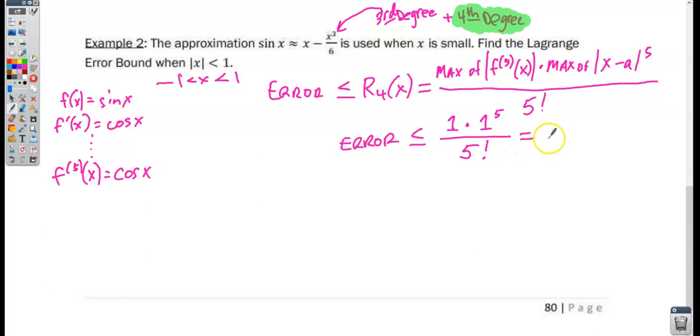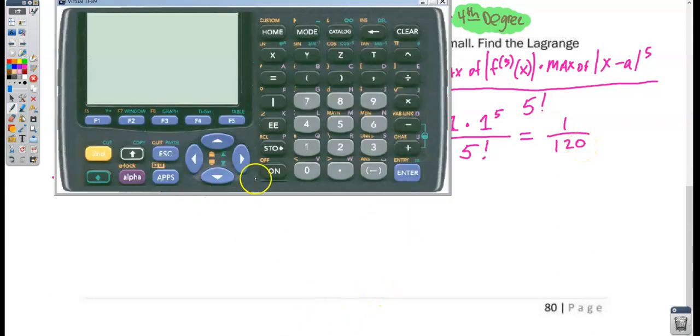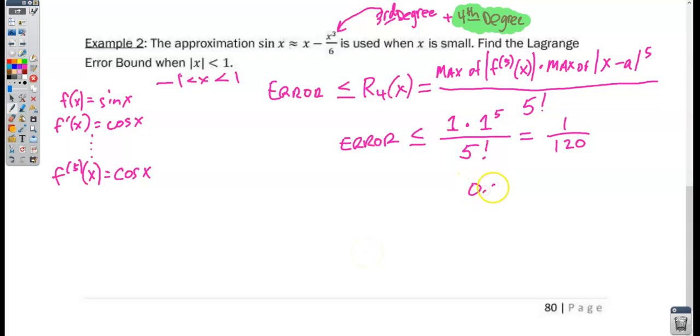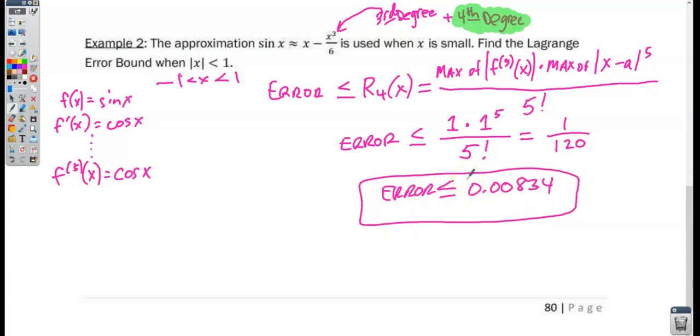And so our error here is going to end up being less than or equal to 1 over 120. Or if we write it as a decimal, if you do 1 over 120, we want to round this up. So we're going to write that as 0.00834 for our error, if we want to write it as a decimal.